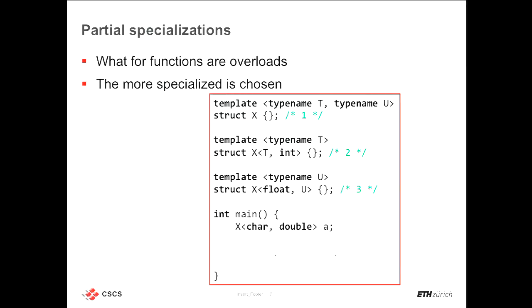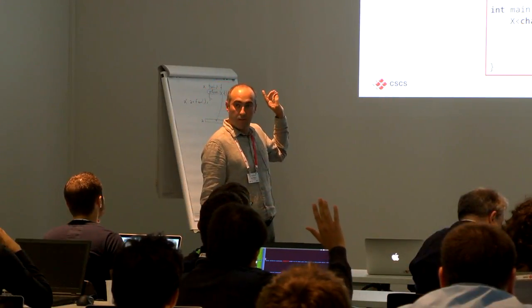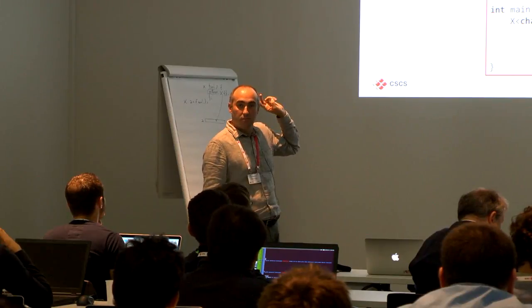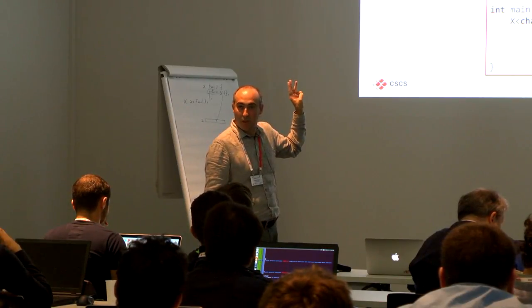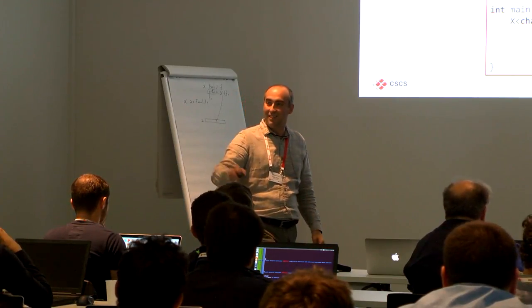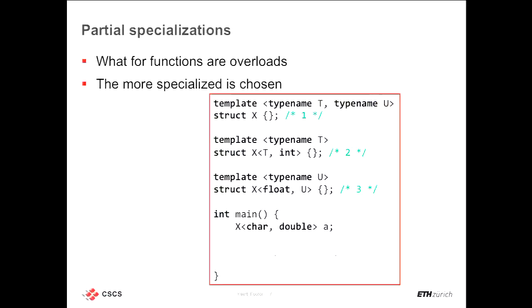So what happens here? When I instantiate X char and double, what is the version that is instantiated? Is it number 1? Number 2? Or number 3? Number 1. That's easy because none of the others match.